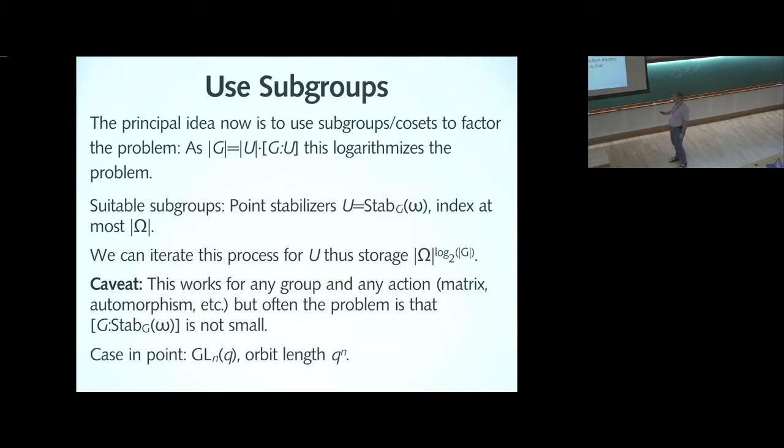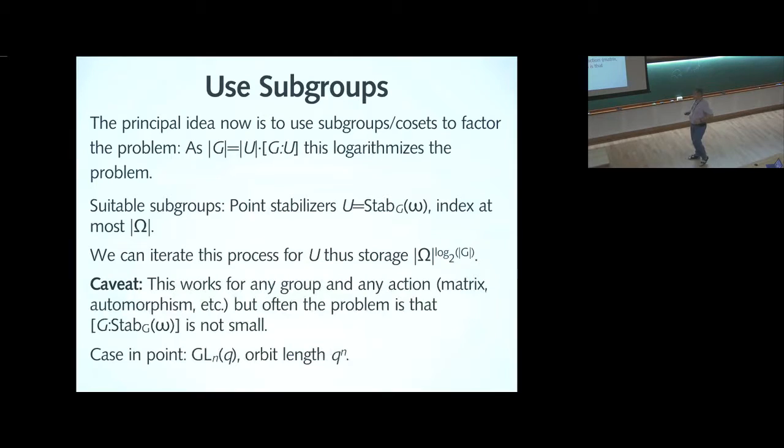Because the order of the group is the order of the subgroup times the number of cosets, this is basically logarithmizing the size of the problem. That's something very specific to groups, and that's why group theoretic algorithms work so well and have such a large scope, while if you try calculations in other structures, you often hit bottlenecks much sooner.